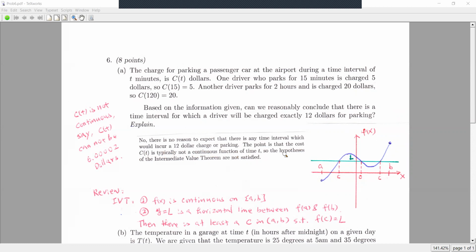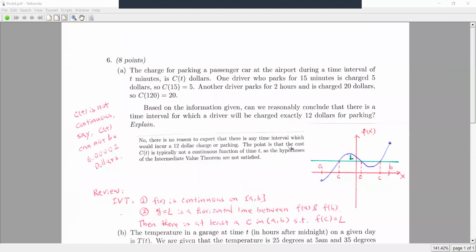So the hypotheses of the intermediate value theorem are not satisfied. The function C(t) is not continuous. So there is no guarantee the graph of the function will intersect this horizontal line.